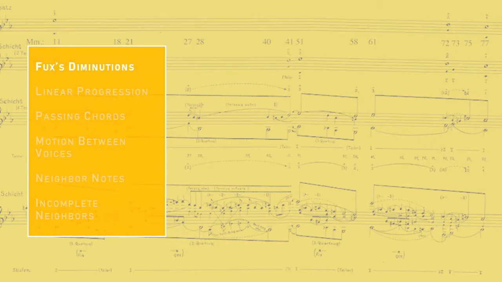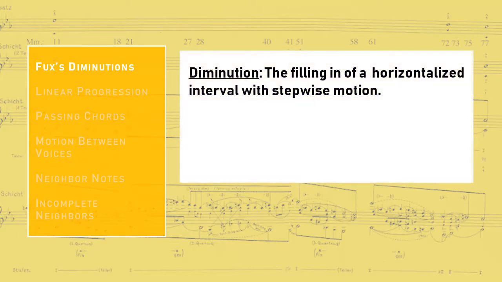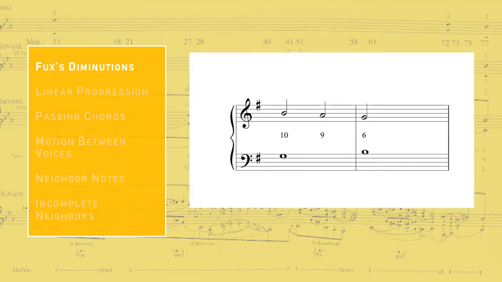In Gradus ad Parnassum, Fuchs uses a third meaning of the term diminution. In Fuchs's day, a diminution was a kind of ornament that referred to the filling in of a horizontalized interval with stepwise motion. Fuchs introduces the dissonant passing tone in second species as an example of this kind of diminution.